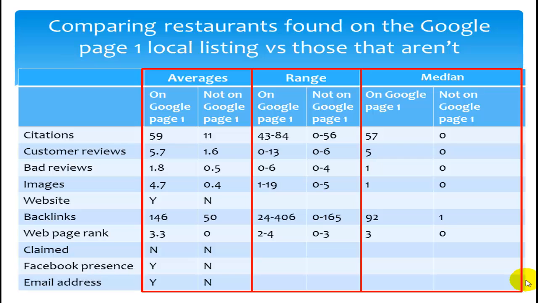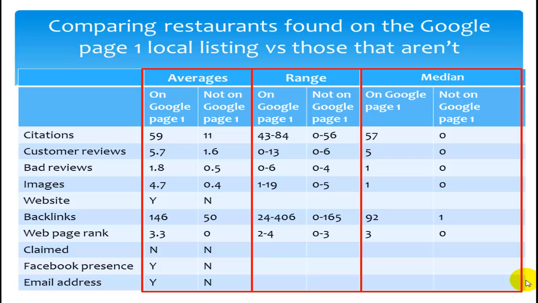Citations are simply your name, address and phone number, and they are simply registered on a local directory somewhere. A good example of a local directory would be the Yellow Pages, but as you'll see in subsequent slides, I think I've identified over 240 local directories where you can register your business.